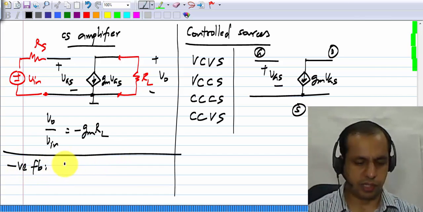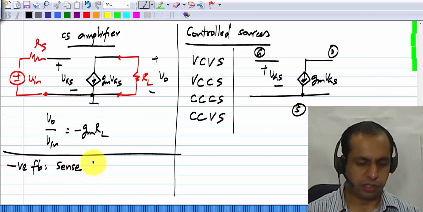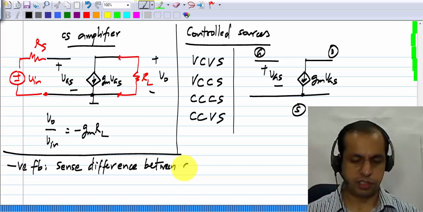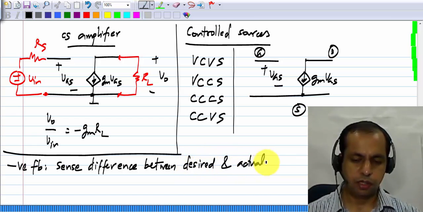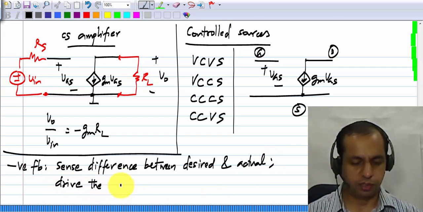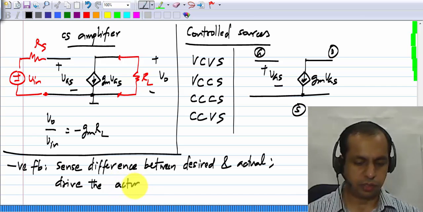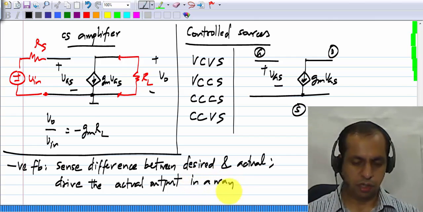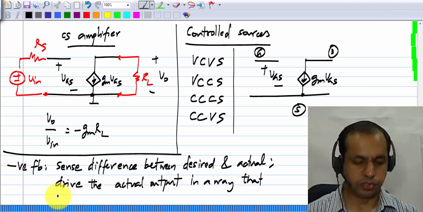Negative feedback means that you sense the difference between some quantities, I'll say desired and actual, and you drive the output, that is the actual output, in a way that reduces the difference.